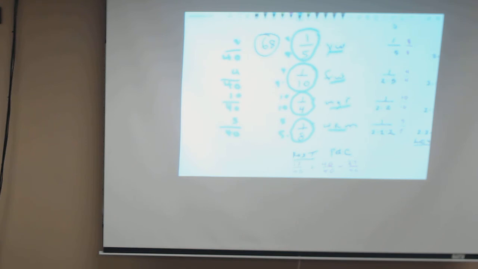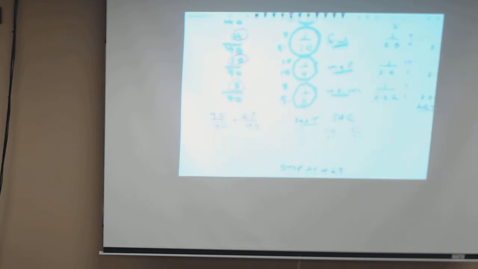So I add those numbers together. 8 and 4 and 10 and 5 add up to what? 12, 22, 27 over 40. And I subtract that from 40 over 40. And what do I get for the rest? 13 over 40.